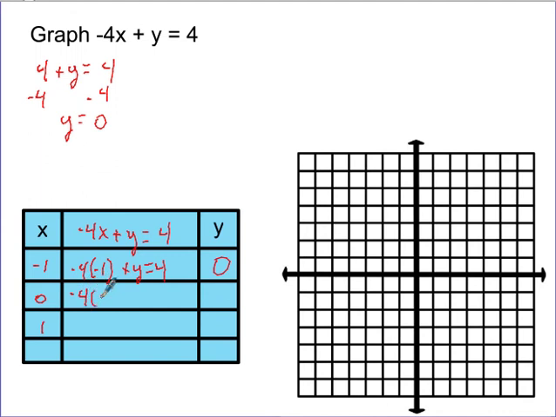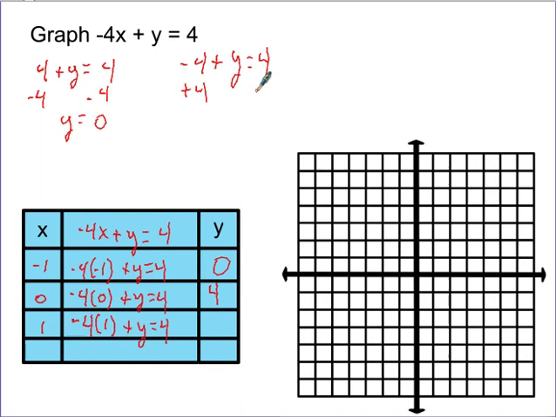Negative 4 times 0 plus y equals 4. Negative 4 times 0 is 0, so all you have left is y. y equals 4. And then negative 4 times 1 plus y equals 4. Negative 4 times 1 is negative 4 plus y equals 4.